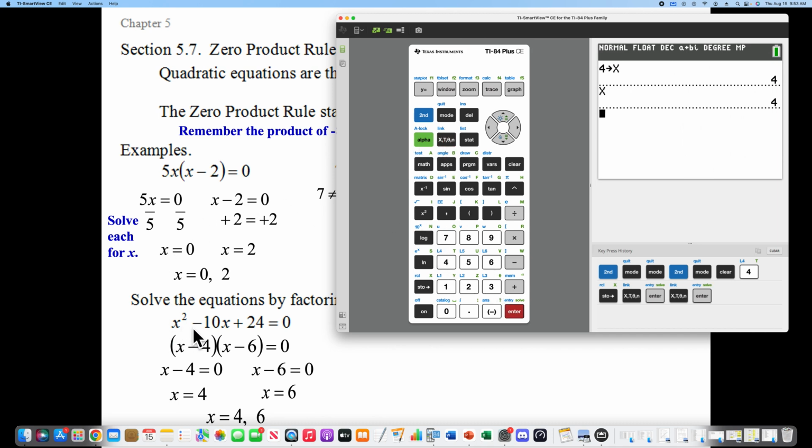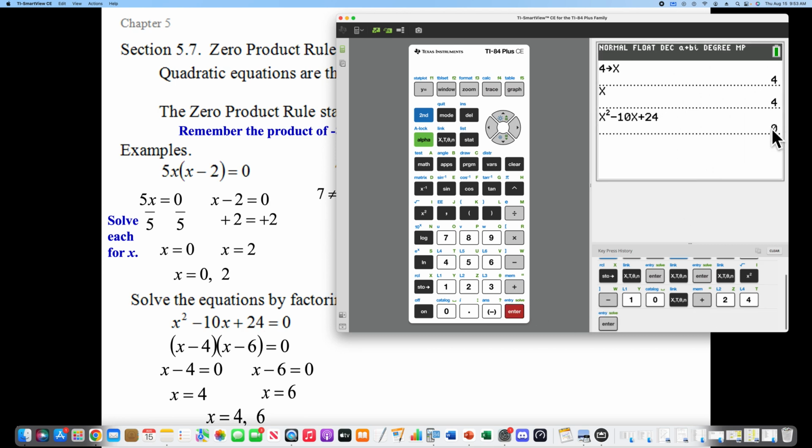Now I type in my left-hand equation here: x squared minus 10x plus 24. If I hit enter, it substitutes the 4 in for my x's, and it gives me a 0.